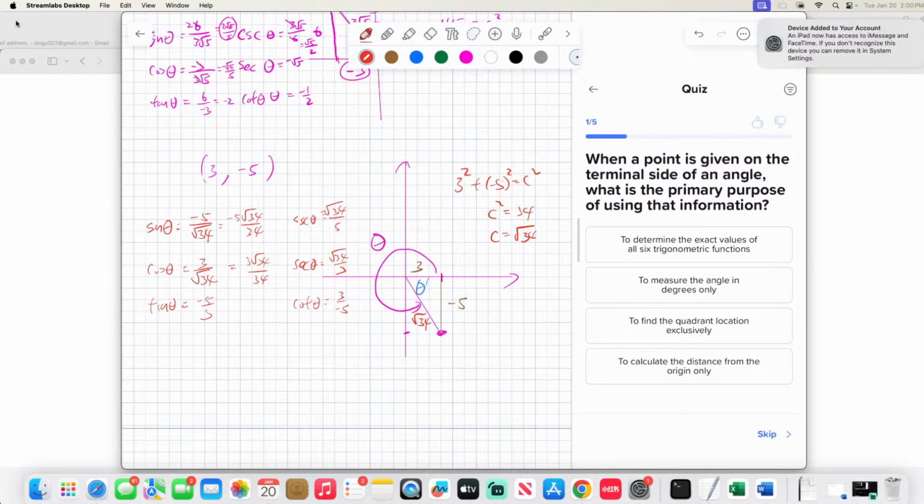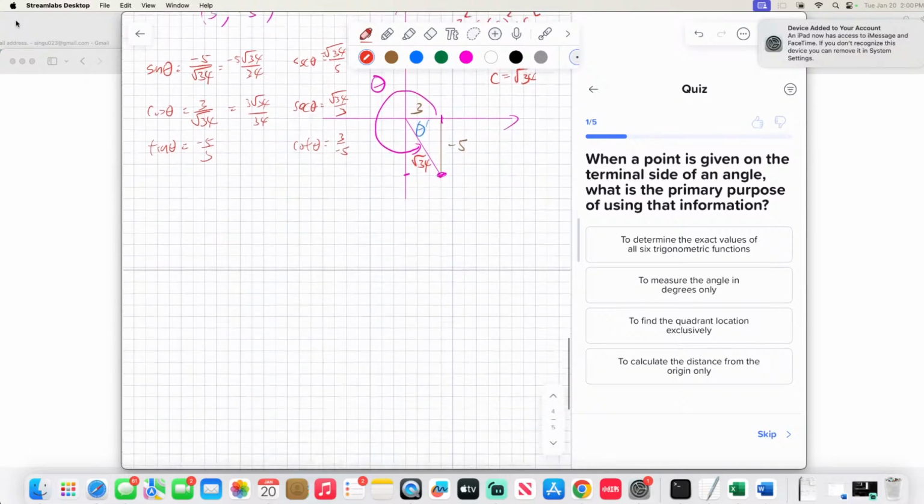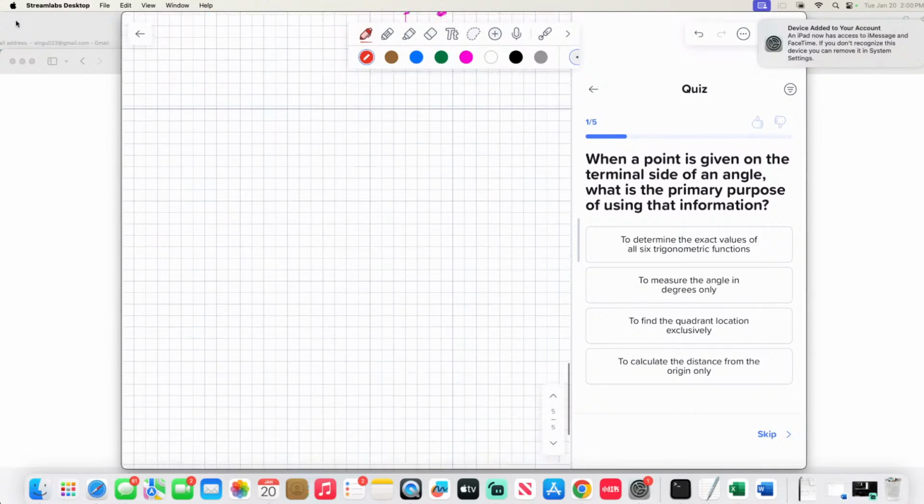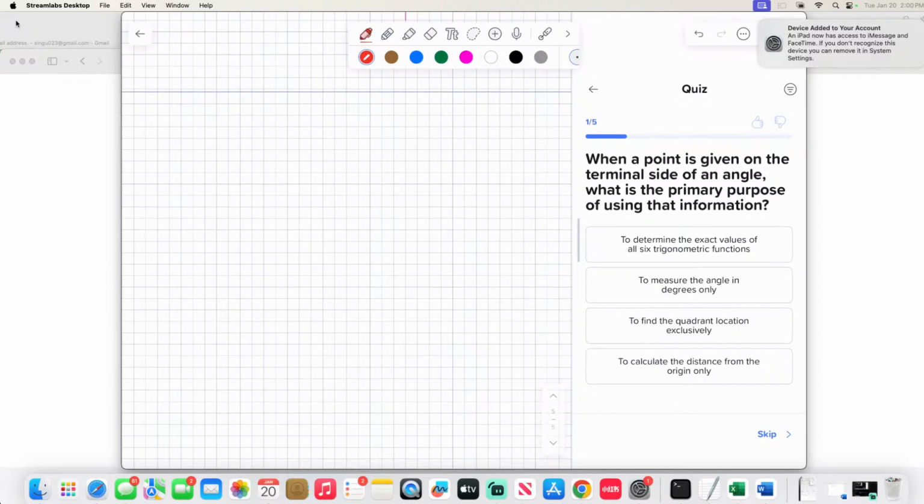So now we're going to give you a question a little bit more advanced. What if I have tangent of theta equal to 4 over 3, and sine of theta is less than 0?